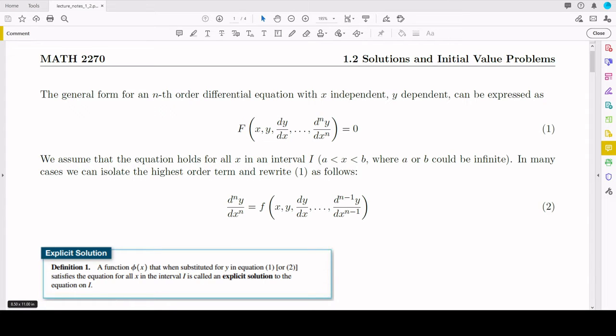A function phi of x that when substituted for y in equations 1 or 2 satisfies the equation for all x in the interval I is called an explicit solution to the equation on I. That's really important: we don't want to solve this for one value of x. This equation has to hold for all x in an interval I.